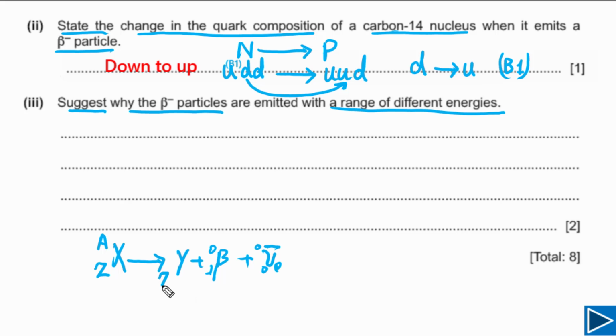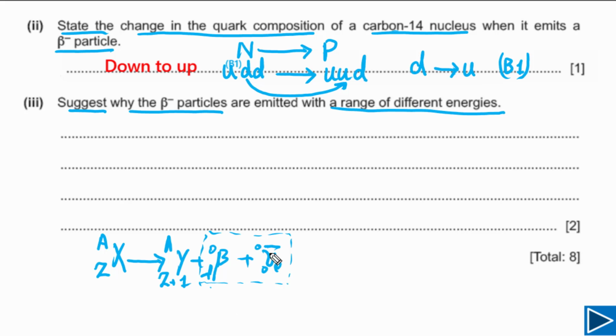The atomic number of this nucleus will be Z plus 1 because this is beta minus decay, and the mass number of this one will be A. Now our main focus has to be on these 2 particles, in order to understand why the beta minus particle has a range of energies.